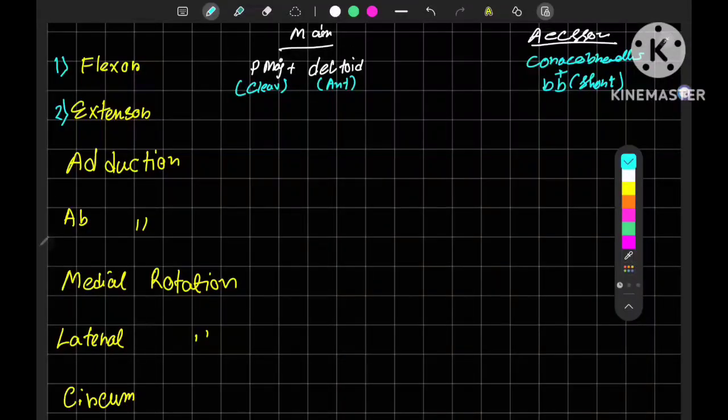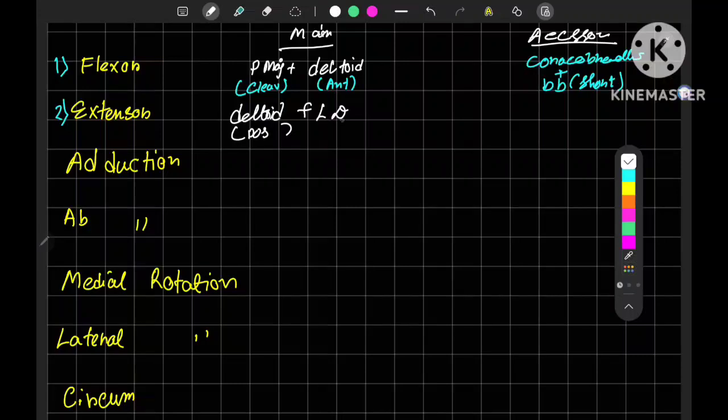The movement of extension is also the responsibility of the deltoid, but this is the posterior fiber. This is anterior, this is posterior, and one more muscle, latissimus dorsi.